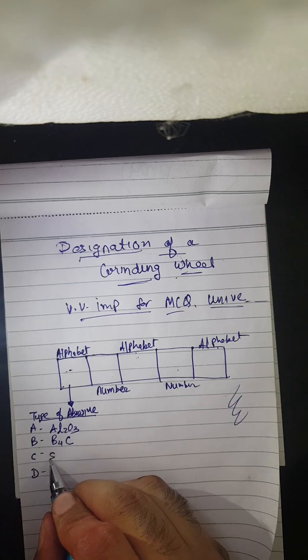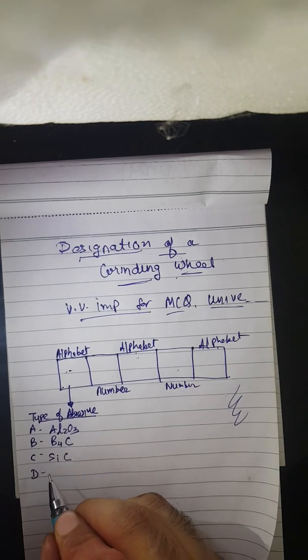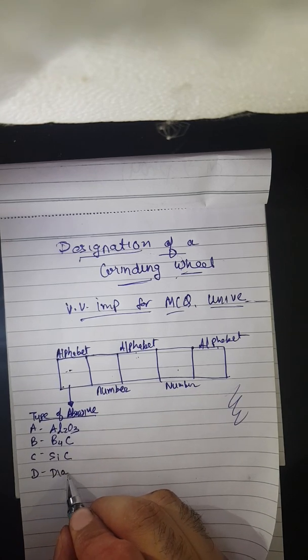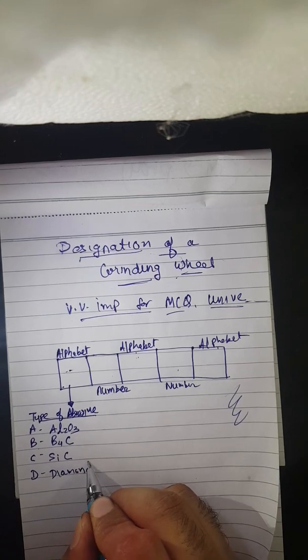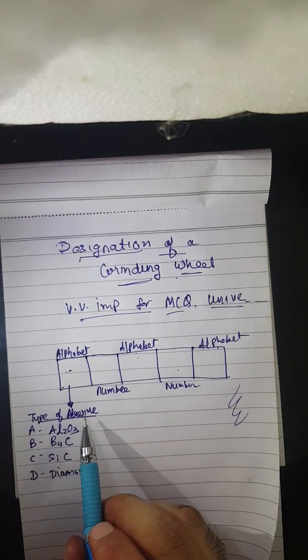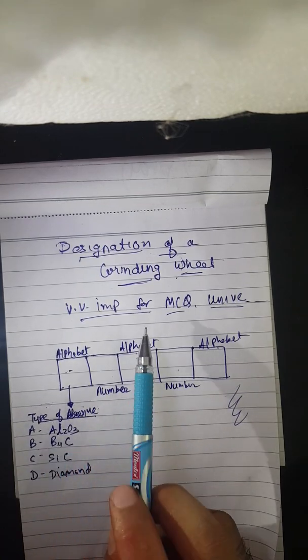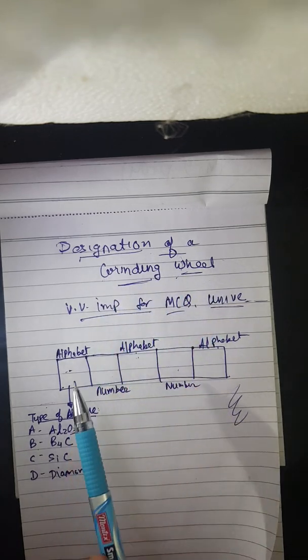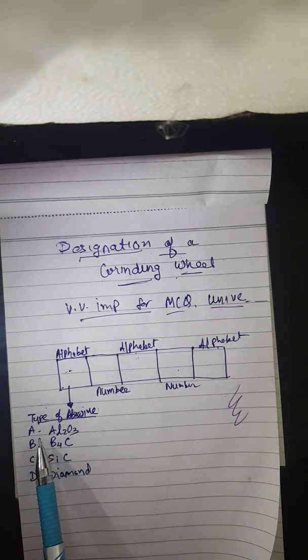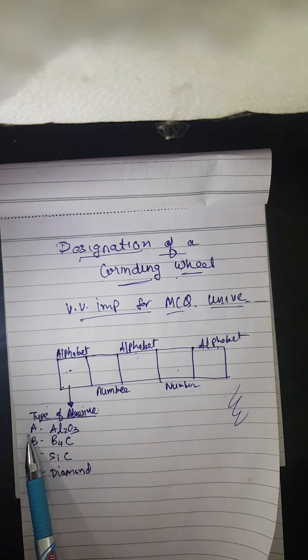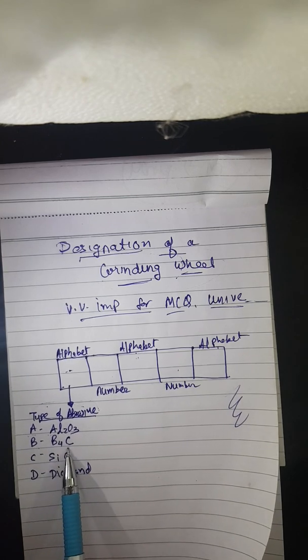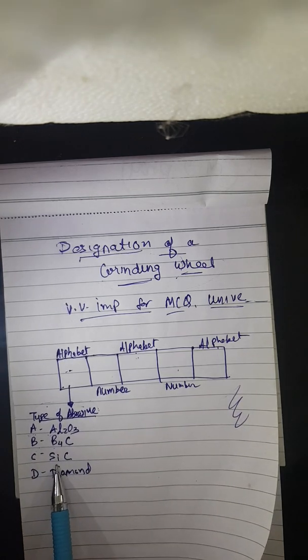If it is C, it is silicon carbide, and if it is D, it is a diamond. So these are the abrasive particles which may be used in manufacturing of the grinding wheel. So it's easy to remember. If it is Al2O3, it is denoted by A. If it is B4C, it is denoted by B. SiC is the only odd one out. If the abrasive particle is a diamond, it is denoted by D.